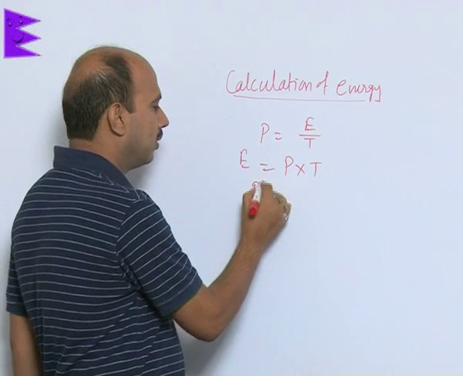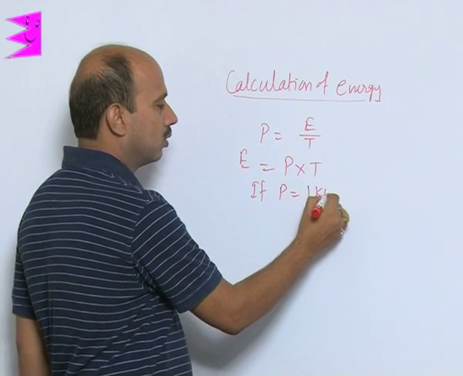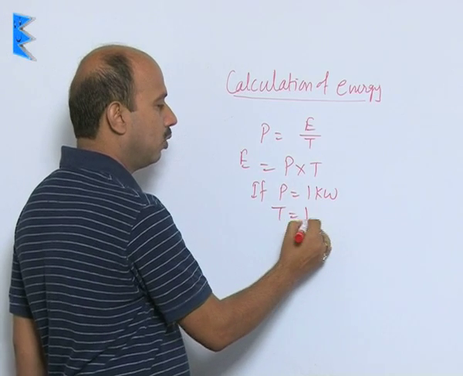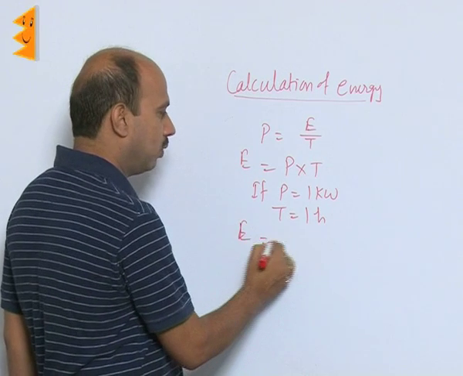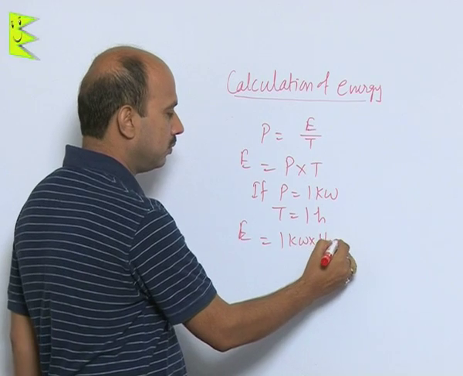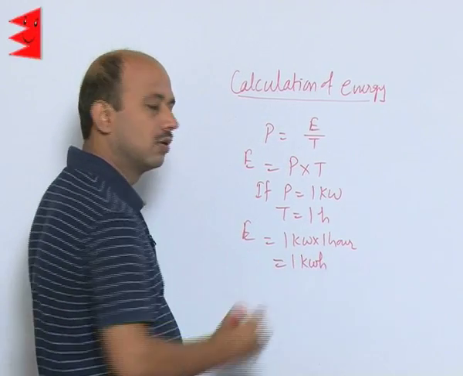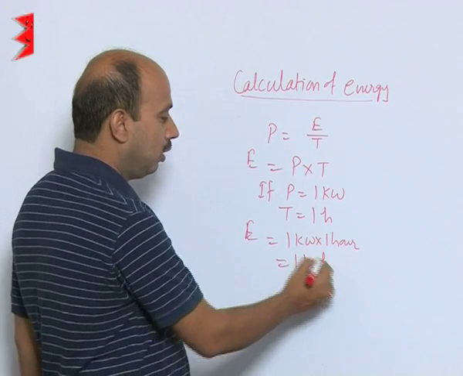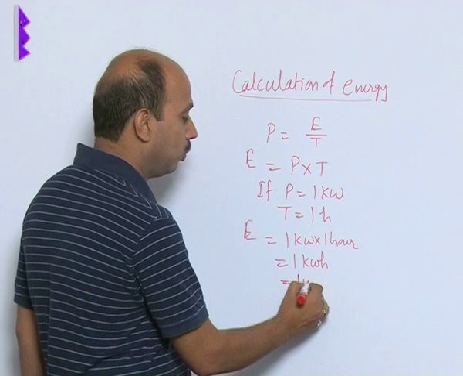If you are taking power equal to 1 kilowatt and time equal to 1 hour, you can write energy is equal to 1 kilowatt into 1 hour. This we call 1 kilowatt hour. This 1 kilowatt hour is actually 1 unit of energy.